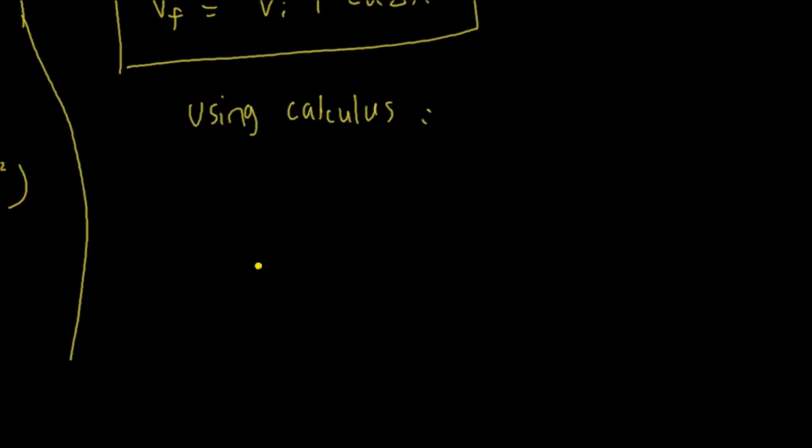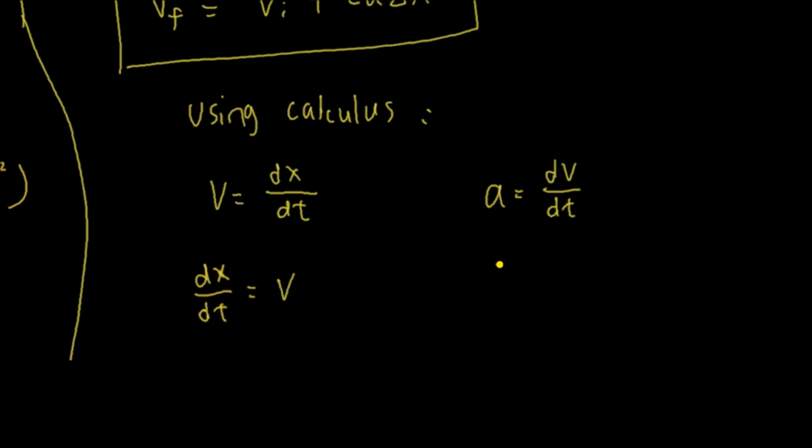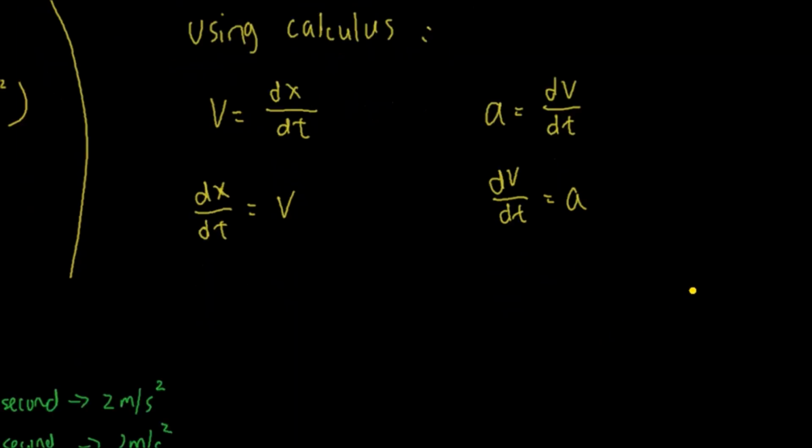We do remember from before that velocity is change in position over change in time, and acceleration is change in velocity over change in time. So let's rewrite in a different order. Change in position over change in time is velocity, and change in velocity over change in time is acceleration.